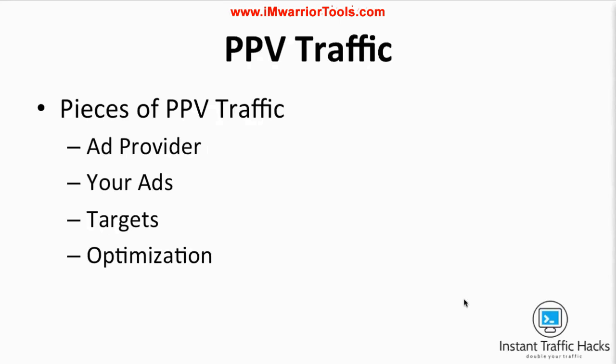And then the next part is your ads, and we'll take a look at a couple ads and show you the different types of ads so you can have an idea of how it could work for you. The next thing is the targets. This is going to be the key to PPV traffic, understanding your targets and how to maximize your ROI in various targets.